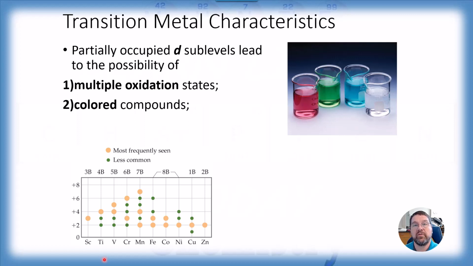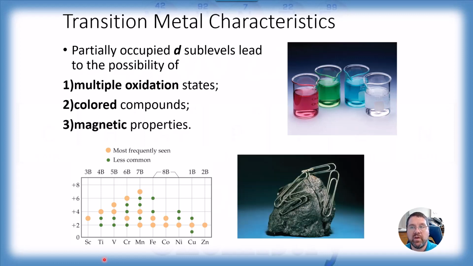We can use spectrophotometry to identify just how much of a transition metal compound is present in a solution, since it's colored, it's going to absorb certain wavelengths of light. And if we can measure just how much light is absorbed as it passes through a solution, we can measure the concentration because the two are directly related to each other.